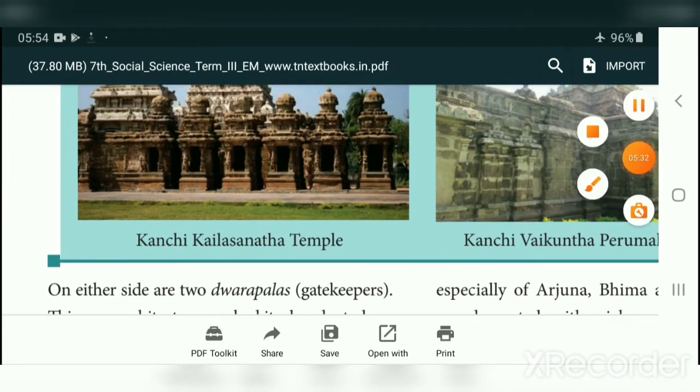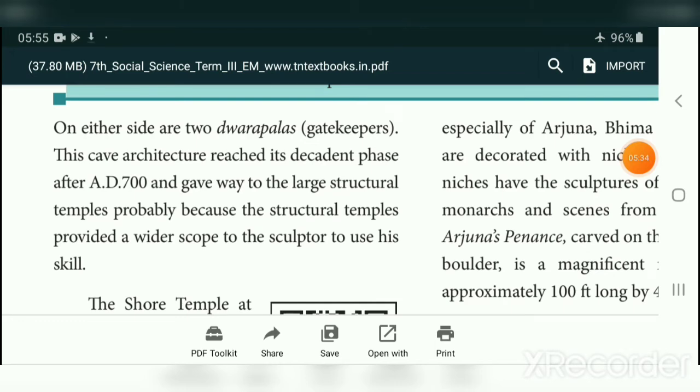See here. On either side are two dwarapalakas. In each and every temple, two gatekeepers stand in front of the temple. They are called dwarapalakas, that is, gatekeeper statues.